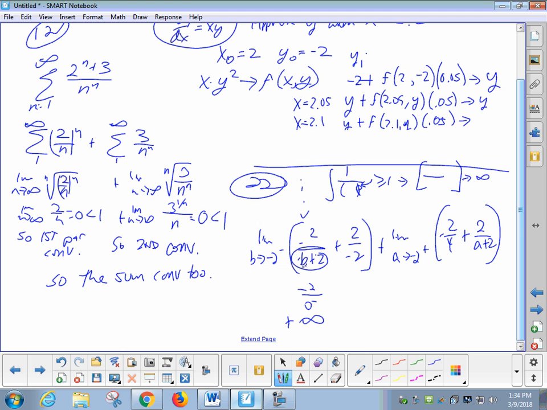If I got a little closer to -2, like -2.0001, then this would be more like -0.01. So -2 over -0.01 is +200. So it feels like this is getting infinitely large as we get closer and closer to 0.